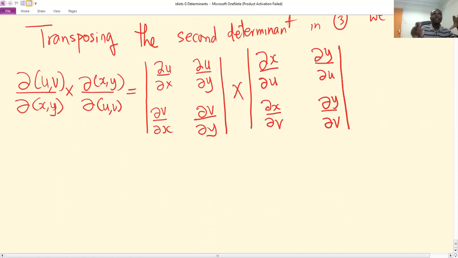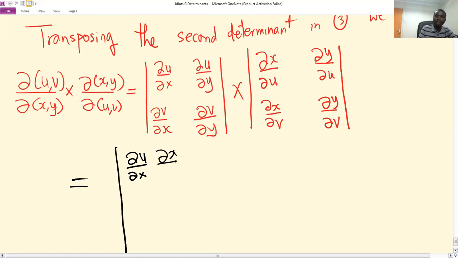Now, if you remember the properties of multiplication of two determinants, we multiply rows of the first determinant with rows of the second determinant, not rows and columns like in the usual matrices. So this will give us this row times this row: partial u partial x times partial x partial u, plus partial u partial y times partial y partial u.